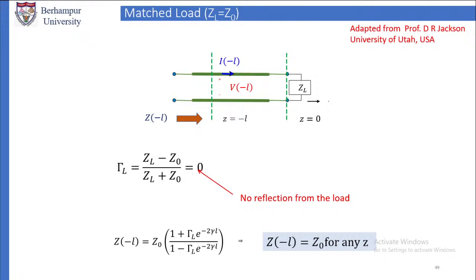Under that condition, gamma L is equal to (ZL minus Z0) by (ZL plus Z0). Since ZL is equal to Z0, the numerator becomes 0, and the denominator is non-zero, so gamma L is equal to 0. If the reflection coefficient is 0, there is no reflection from the load.